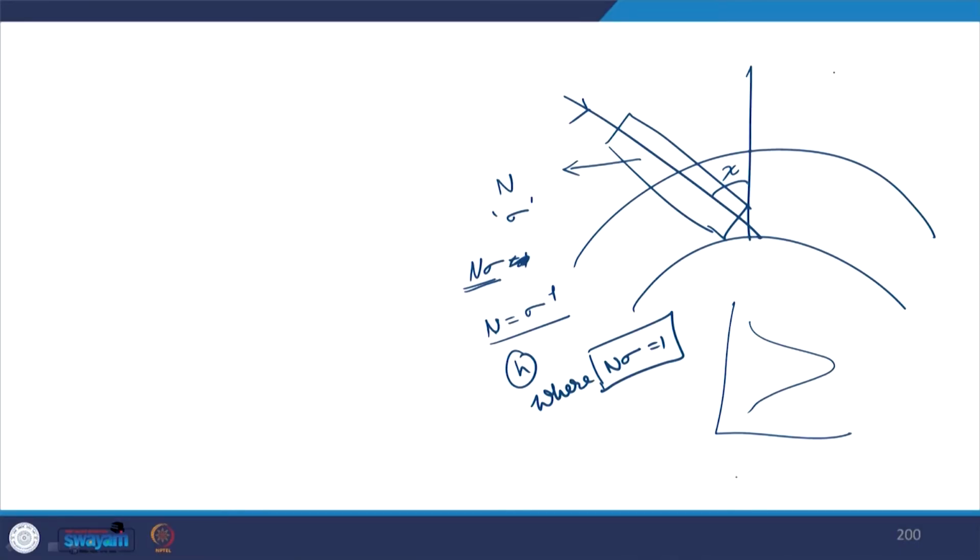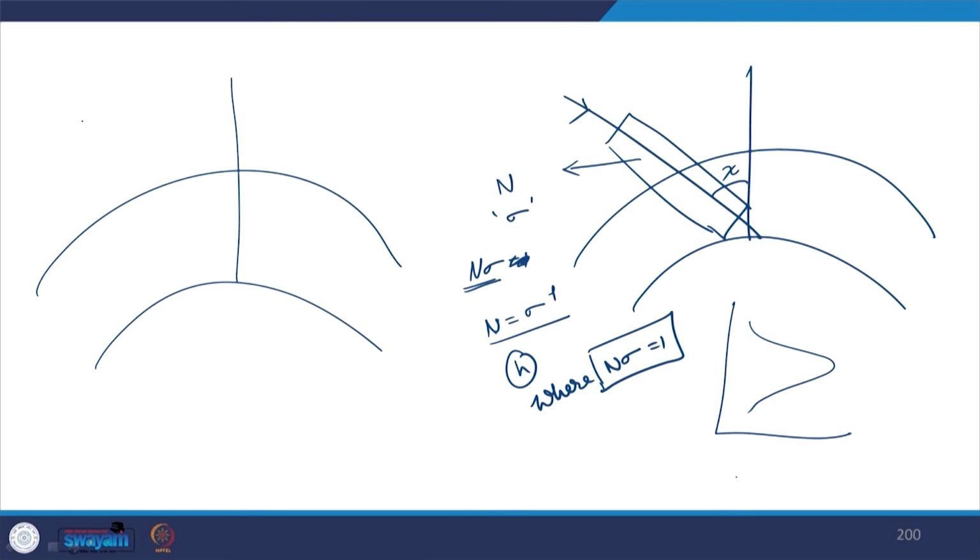How does it matter? If you take the atmosphere like this and have the sun rays directly, this is chi equal to 0, or we call it noon, and let us say this is chi equal to 45, whatever it is, depending on the time, right.